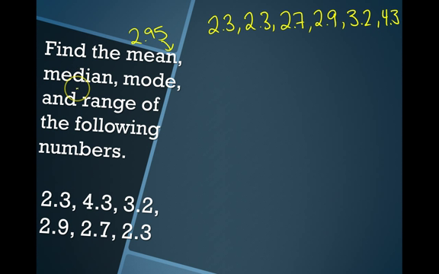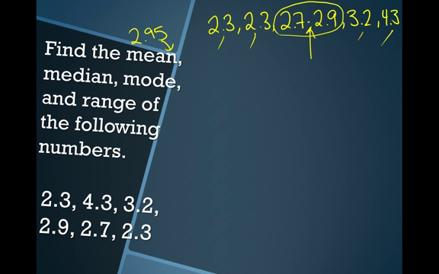So my median, remember, is my middle number. So what I do is I start on the outside and cross one number off at a time. So 2.3, 4.3, 2.3, 3.2. And we're left with 2 numbers in the middle. If I have just one number left in the middle, then that's my number. So if I had a number between these two, like a 2.8, that would be my median. But I don't.